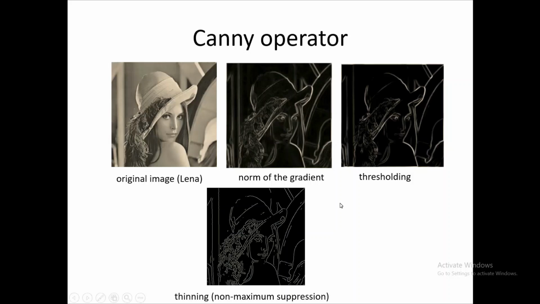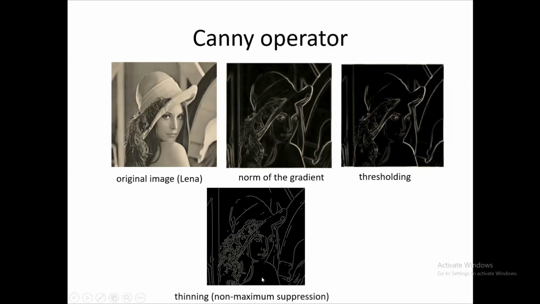Basically, we have got a bunch of points that exceed the threshold locally, and we pull out the ones that exceed the most. It's just the thin version of this thresholded edge.